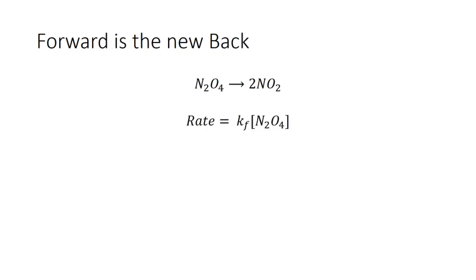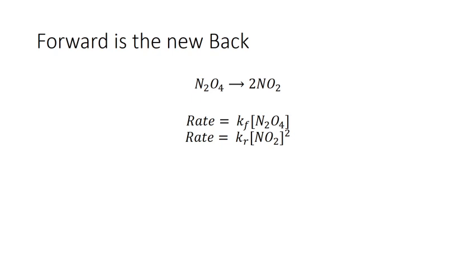If we were looking at the rate of this reaction, the rate of the forward reaction is equal to K sub F times the concentration of N2O4. We would also say that the rate of the reverse reaction is equal to K sub R times the concentration of NO2 squared.